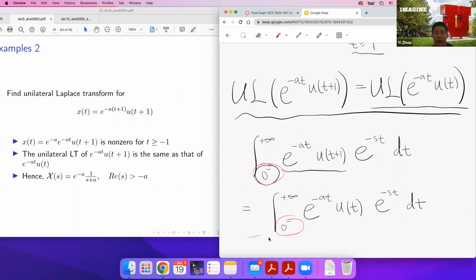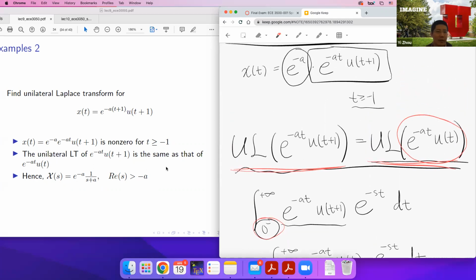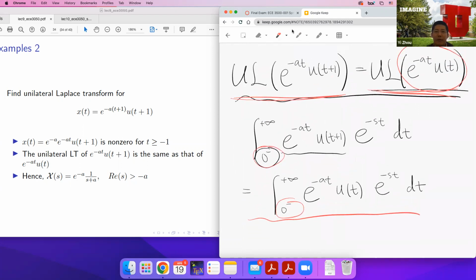Right, so this is a special property of unilateral transform. Okay. So the unilateral transform of this signal reduces to the unilateral transform of this signal. And now it is a causal signal. Now it is causal, right? Because of u(t). Therefore, okay, so let's keep going.